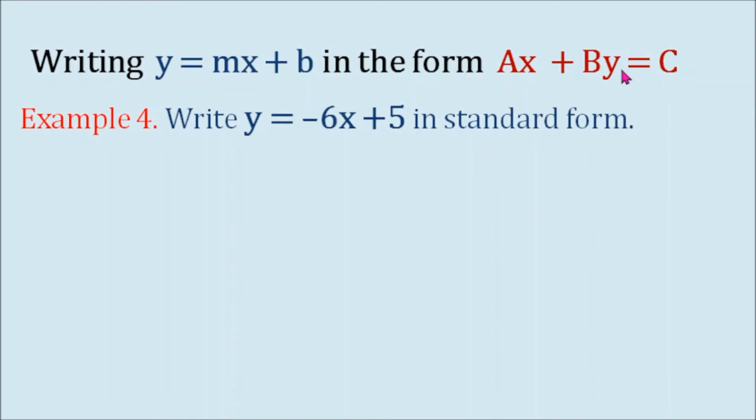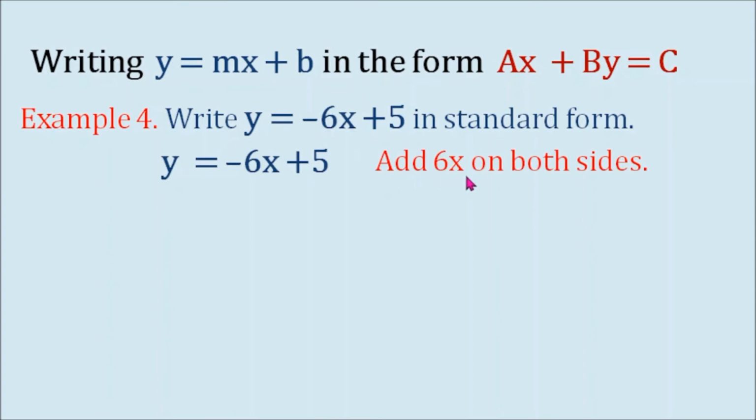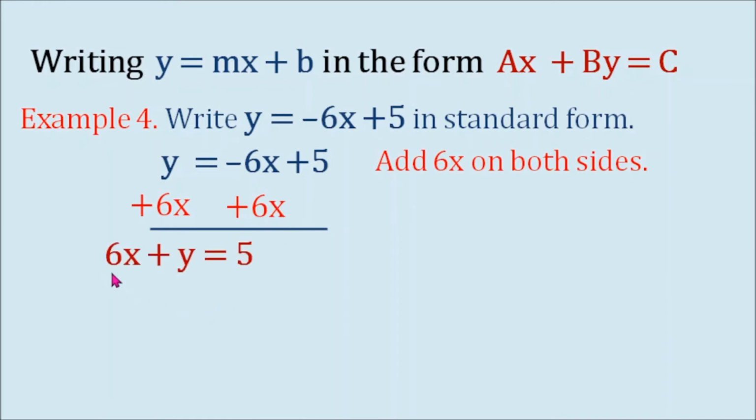The terms with variables x and y are on the left side of the equation. So this means we are going to add 6x on both sides. After this step, this is what we get: 6x + y = 5. This is already in standard form.